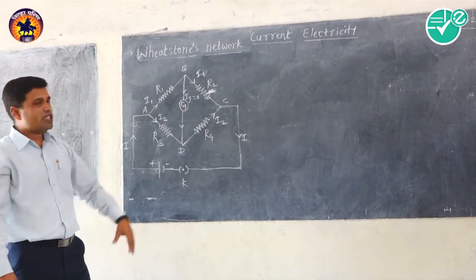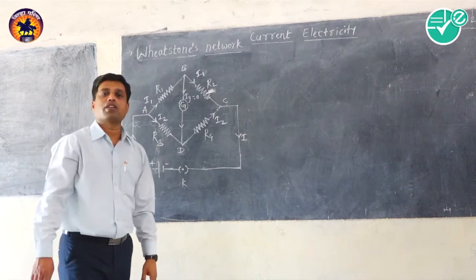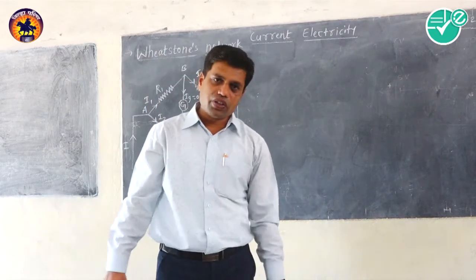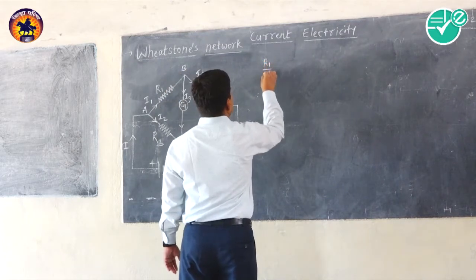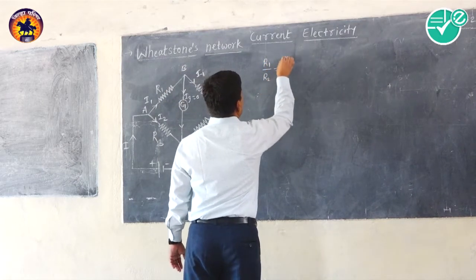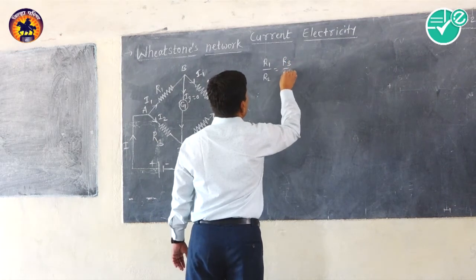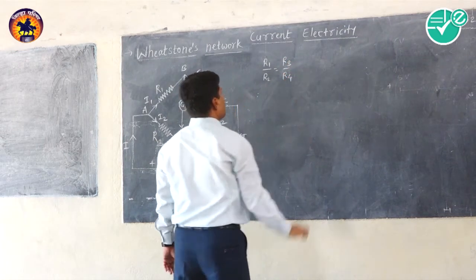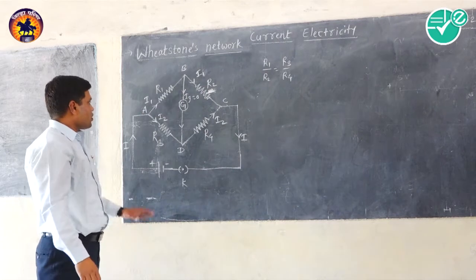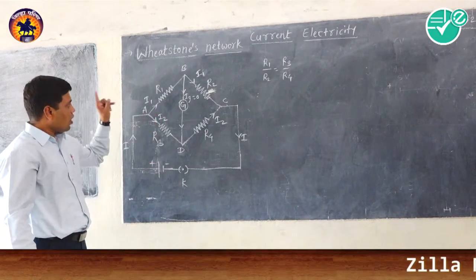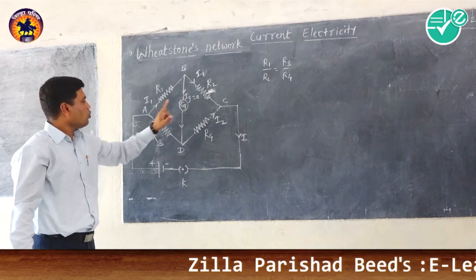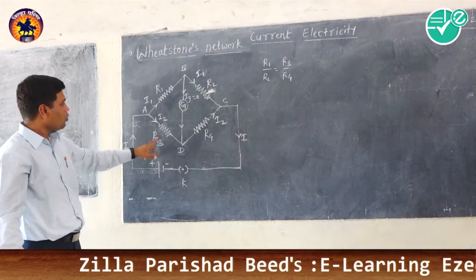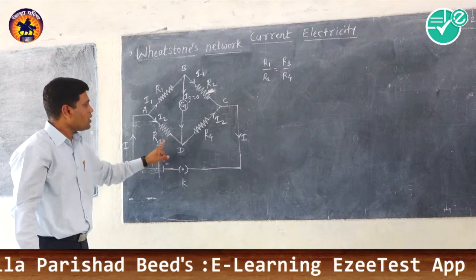When the bridge is balanced, it follows a certain equation: R1 upon R2 is equal to R3 upon R4. The ratio of these 2 resistors, R1 upon R2, must equal the ratio of the other 2 resistors, R3 upon R4.